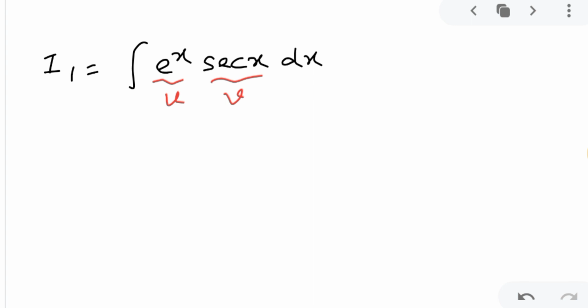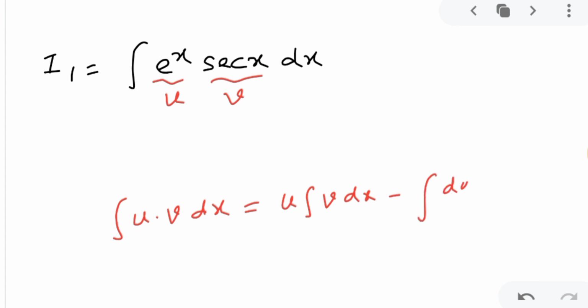The formula for integration of u into v dx is: u times integration of v dx, minus integration of du upon dx times integration of v dx, and the whole integration. I think you remember this formula, correct? And you have to choose u and v accordingly.